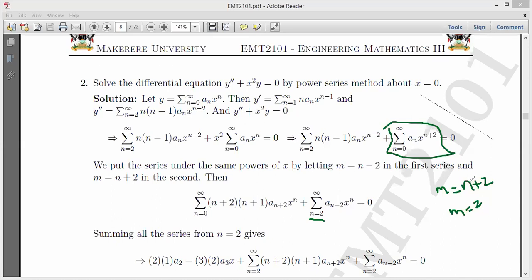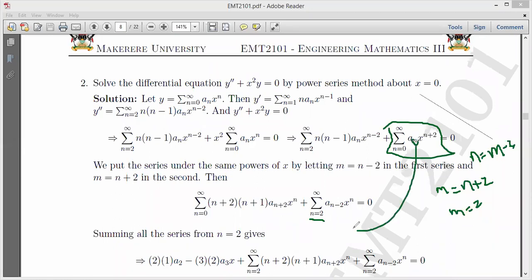Then what is n? If I make n the subject here, n will be m minus 2. So since it is n, it means that this n here, this small n, becomes m minus 2. But m is later taken back to n. That's why you see what we have as n here.